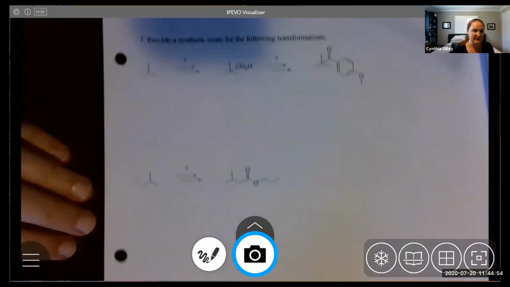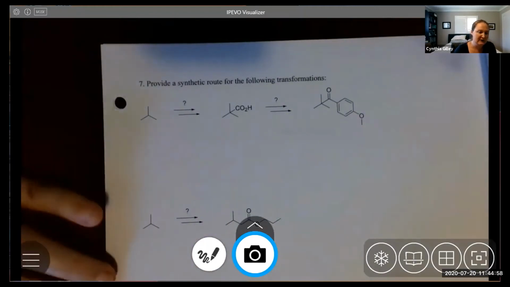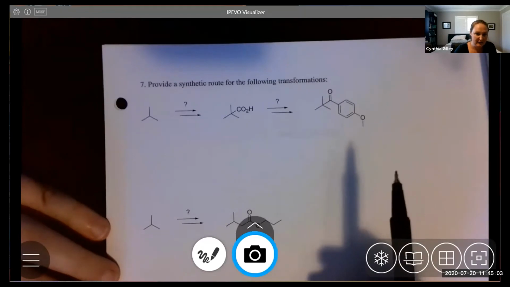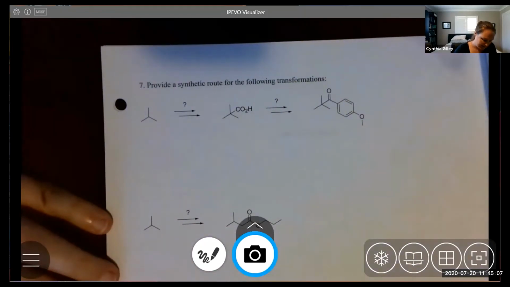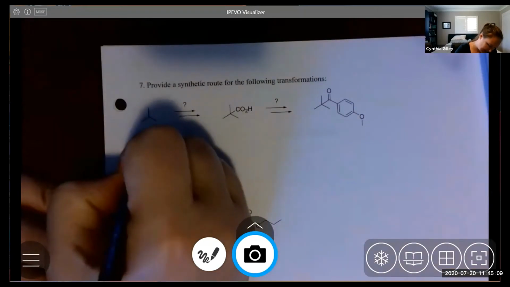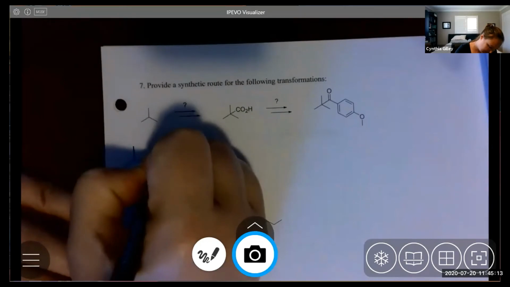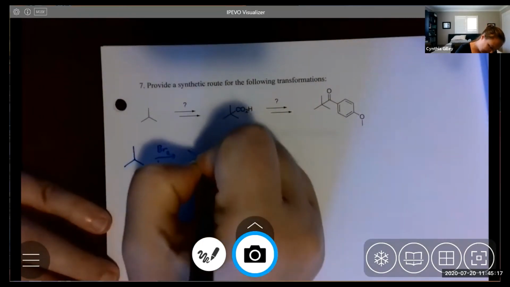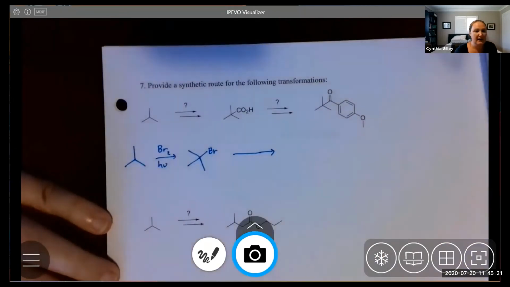Okay, some synthesis problems here. We need to introduce a carboxylic acid and then react that to introduce this aromatic group. So starting from an alkane, we always do radical halogenation first. And then from here, we can form a carboxylic acid where we add a carbon.